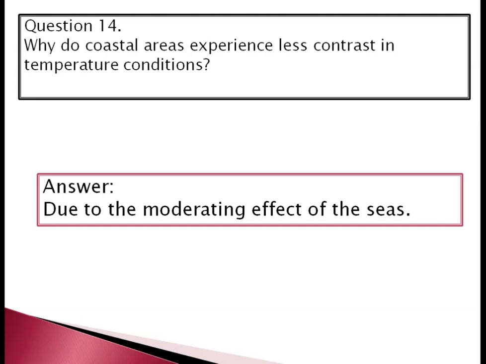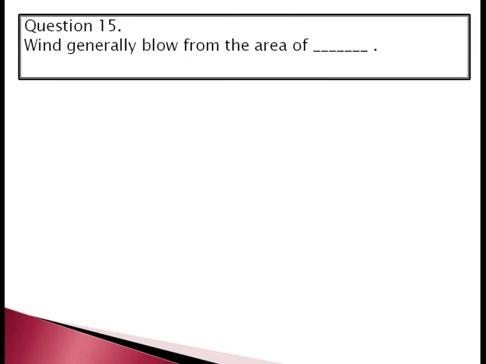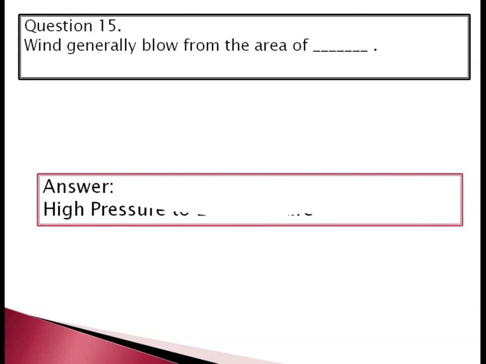Moving toward question number 15. Wind generally blows from the area of. Let's check out the answer. The wind generally blows from the area of high pressure to low pressure.